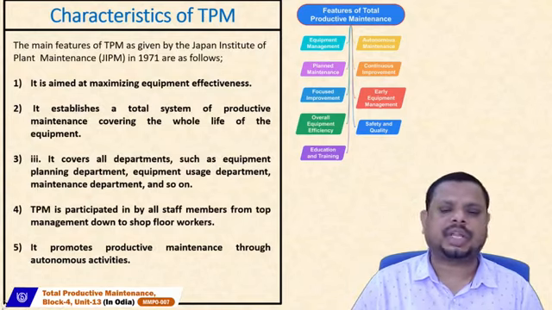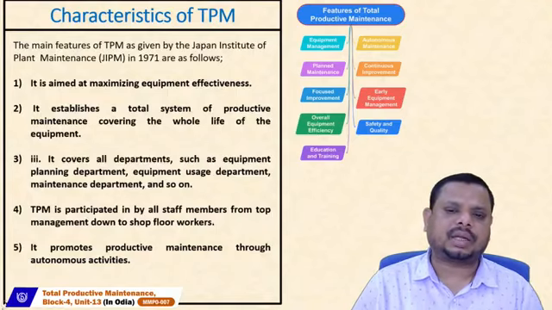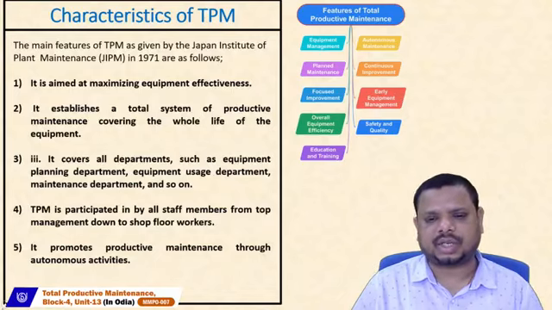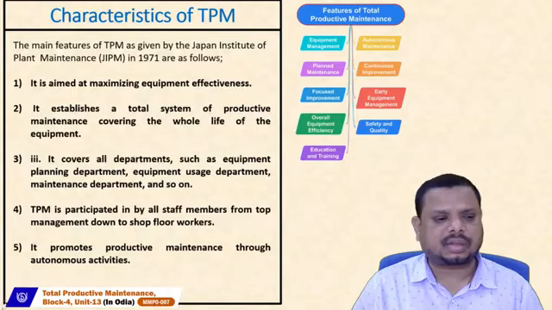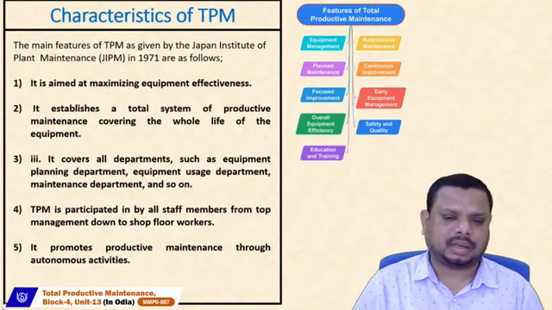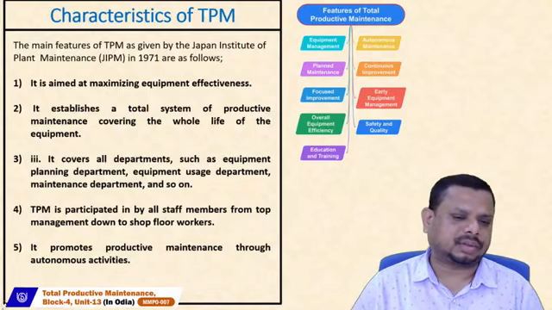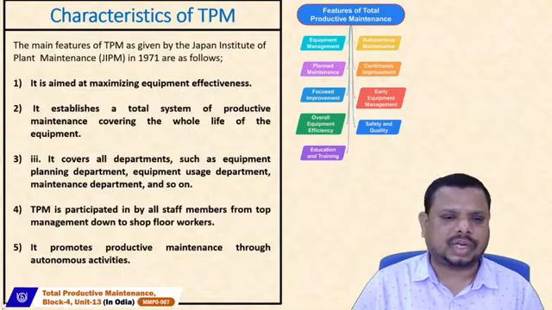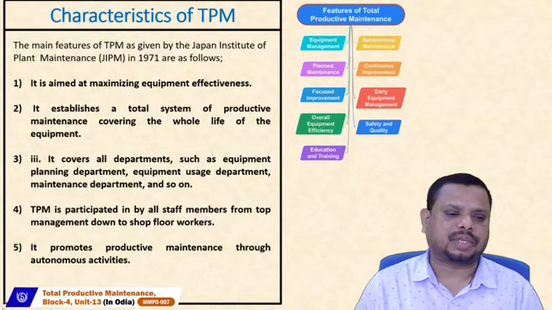The second one is the equipment use department. The equipment use department is directly concerned with the production department, those who basically use these kinds of machines as well as the equipment. And the last one also includes the maintenance departments, those who basically provide a number of classified types of maintenance to increase the lifespan of the machines or equipment.